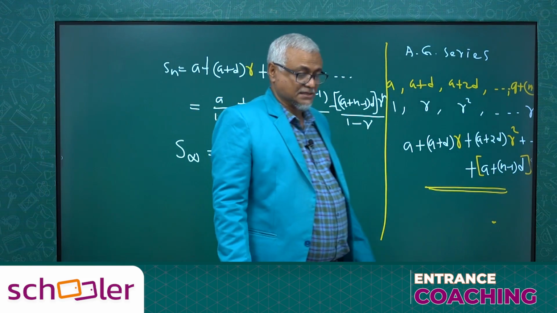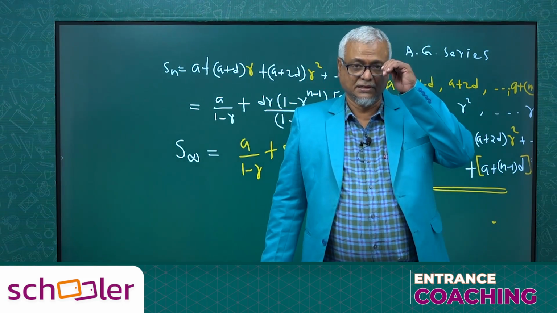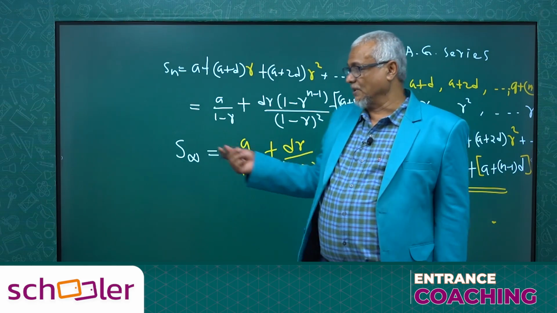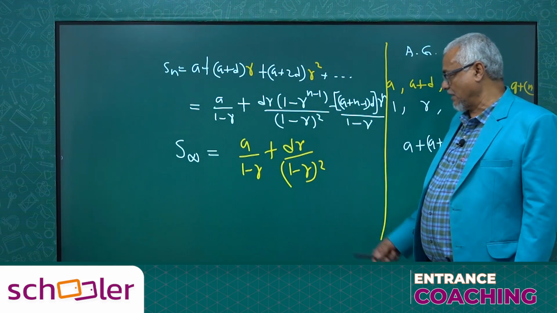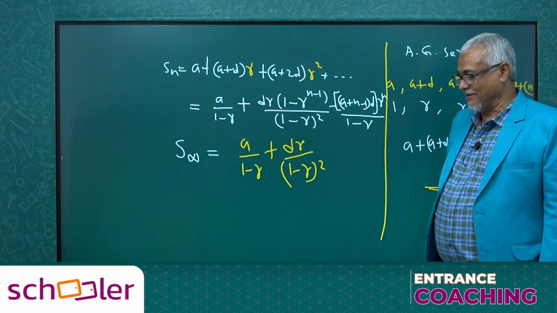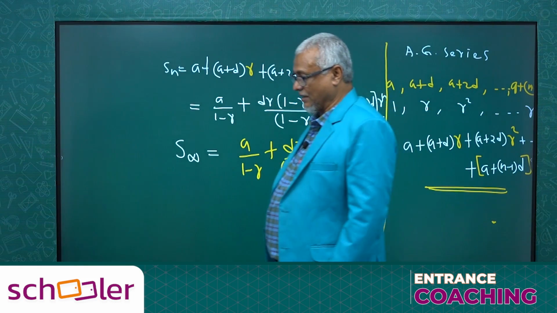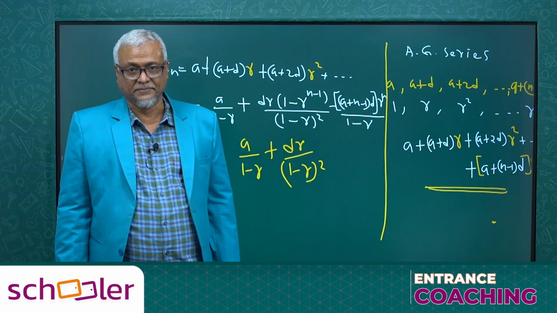When modulus r is less than 1, r raised to n becomes 0 when n tends to infinity, so we get only this. What is s infinity? a by 1 minus r plus dr by 1 minus r whole square.